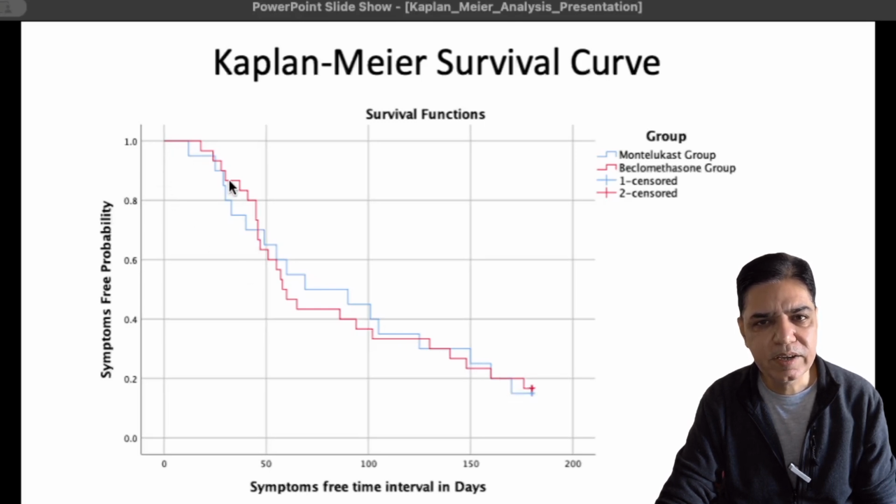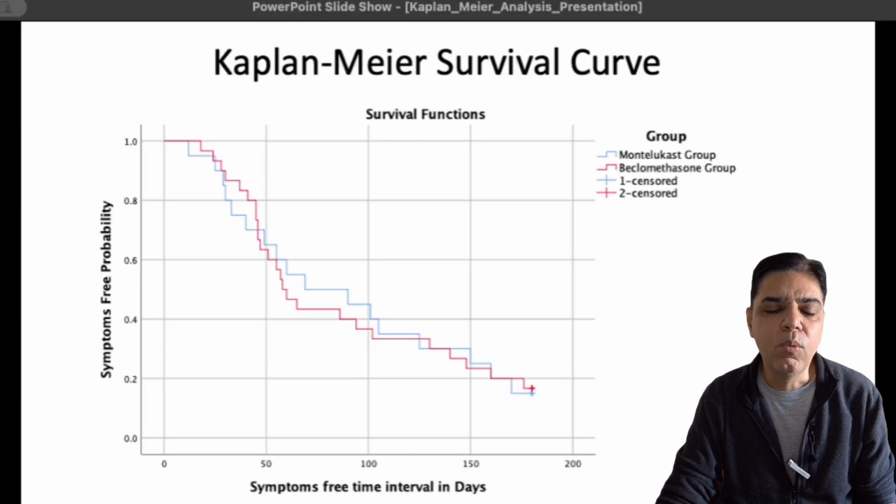So in the beginning, beclomethasone is slightly working better than Montelukast. Then as the days pass, between 2 and 3 months, Montelukast is working better than beclomethasone, and then somewhere down the line they are almost equal.